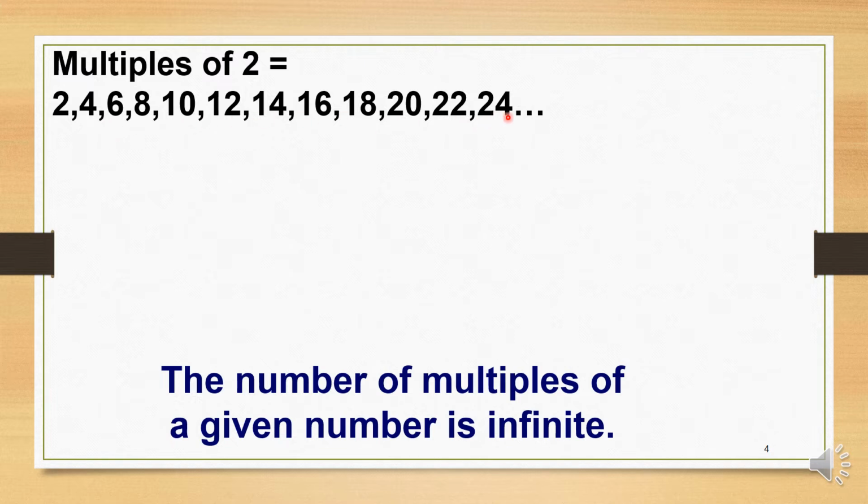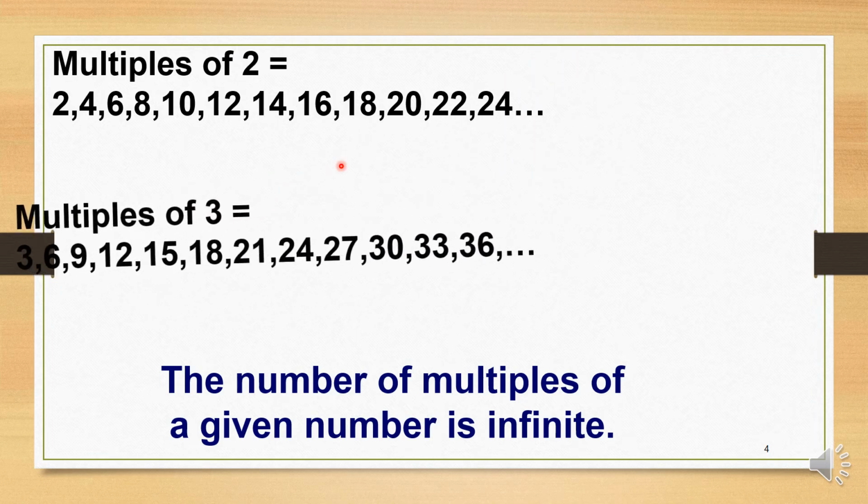The list continues because for each of these I'm multiplying 2 by a whole number greater than 0 in order to get these. 2 will be multiplied by 1 to give 2. 2 2s is 4. 2 3s is 6. 2 4s is 8. 2 5s is 10, and so on. And so we could go to 2 times 120, and that would give us 240. So the list continues. As far as you can count, you can find multiples of 2. And it goes on to infinity.